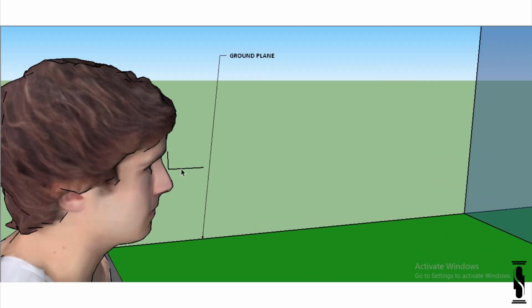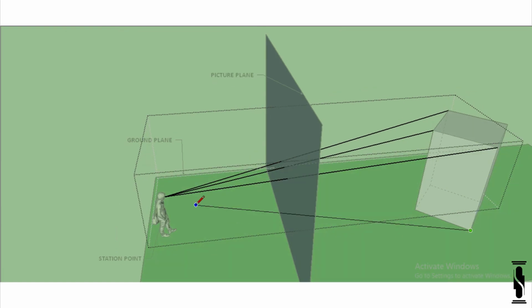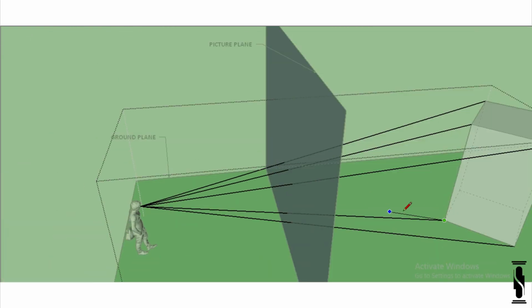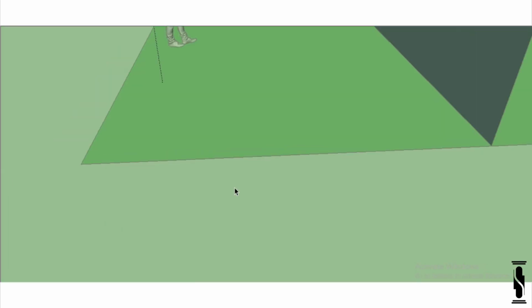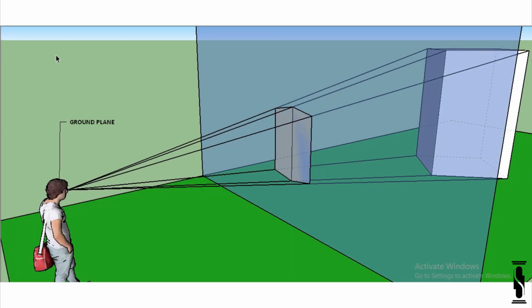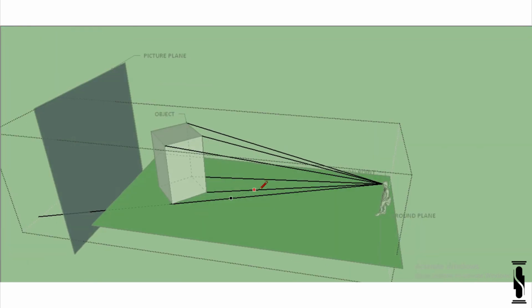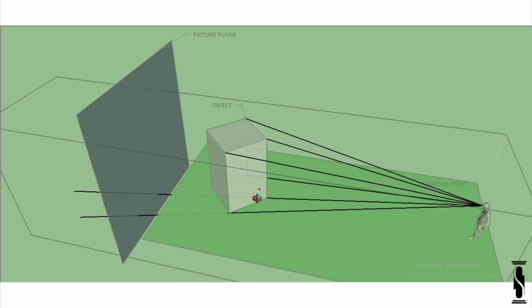But if the picture plane is in front of the object, the perspective view will be formed smaller in size. If the picture plane is behind the object, the perspective view will form bigger in size.